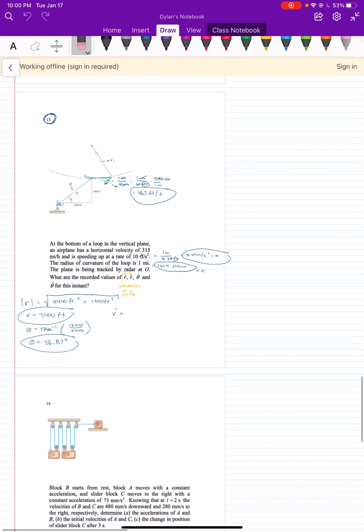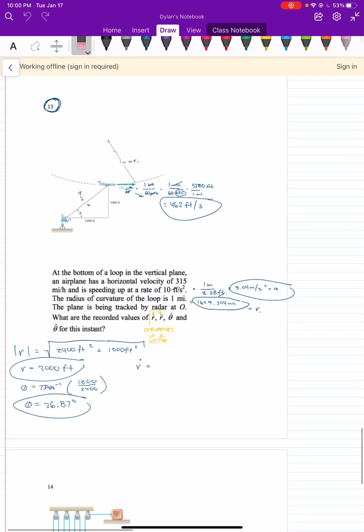Number 13 and 14 I do need to finish. And I'm sure that I'll do this with check-in 3 maybe. I'm still trying to figure out the relationship between r and theta, and r prime, r double prime, theta double prime, and what those mean.